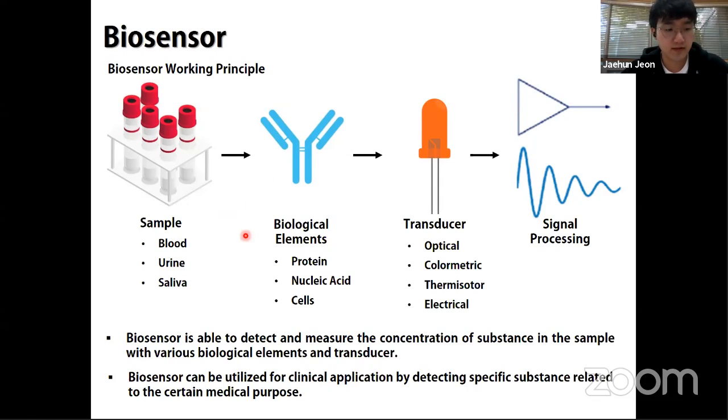First, as the first presenter explained, the biosensor consists of four parts: the sample, biological elements, transducer, and signal processing. Each part is selected based on the target of detection. The biosensor can specifically detect the target substance in the body, so it can be used in various medical applications such as monitoring and diagnosis.